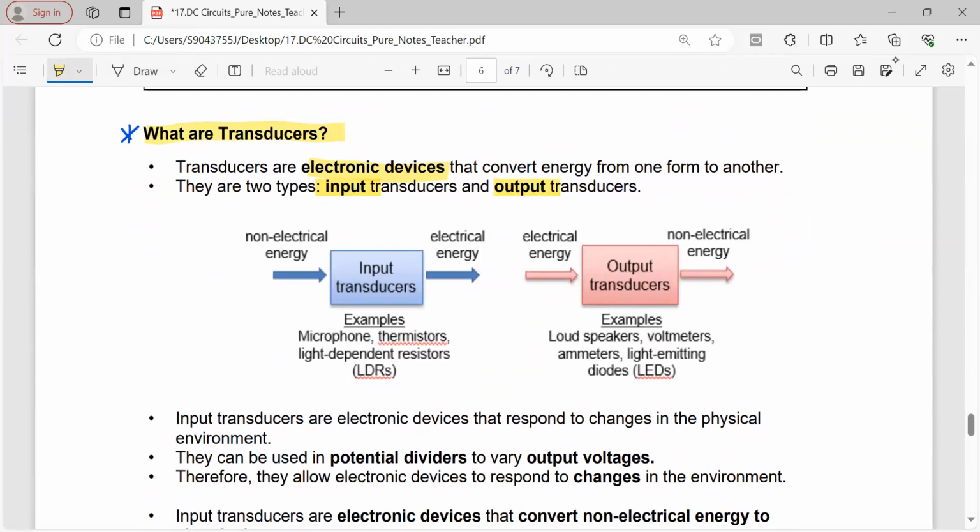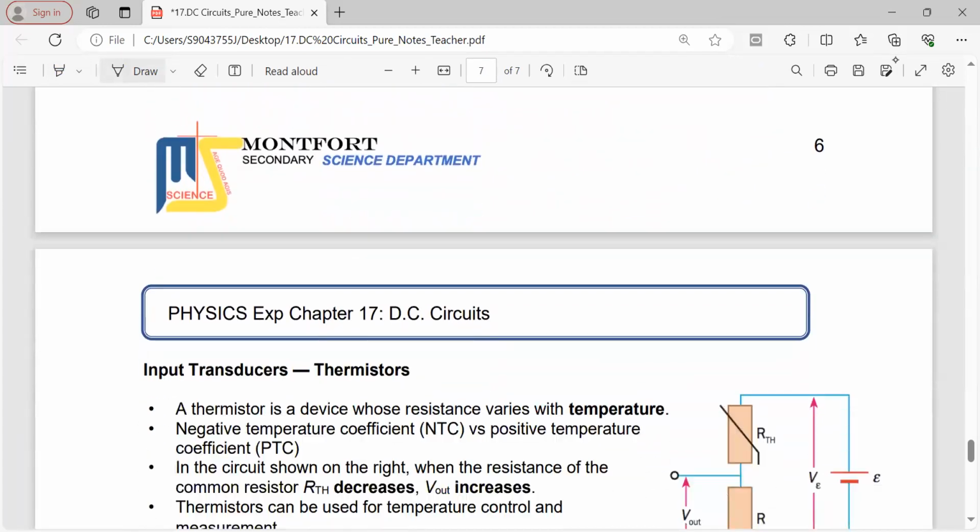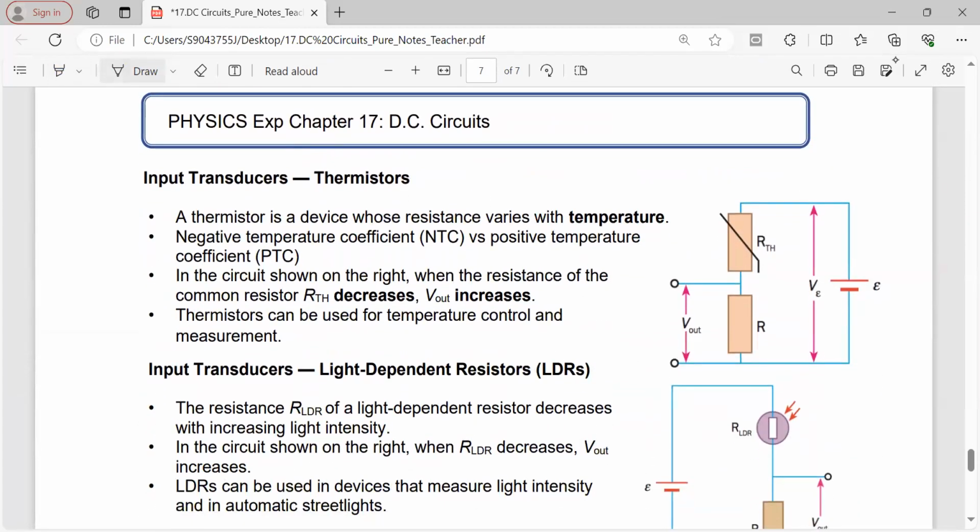So for input transducers, we use non-electrical to electrical, which is what your syllabus wants you to focus on. Then the output is the opposite, where we convert electrical to non-electrical. These are some of the examples here. So let's dive into the input transducers.